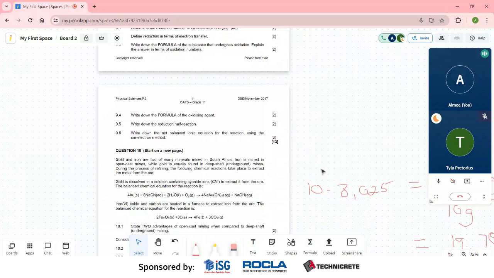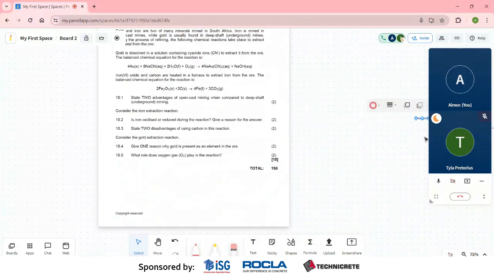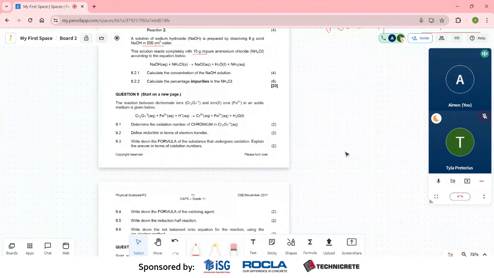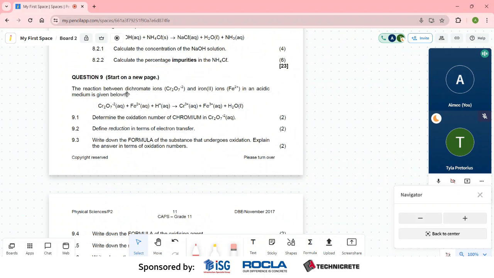Okay, we're getting close to the end, guys. Let's do question 9. Question 9 says, the reaction between dichromate and iron in an acidic medium is given below. Determine the oxidation number of chromium in Cr2O7 2-.